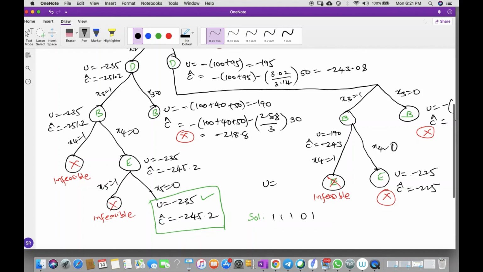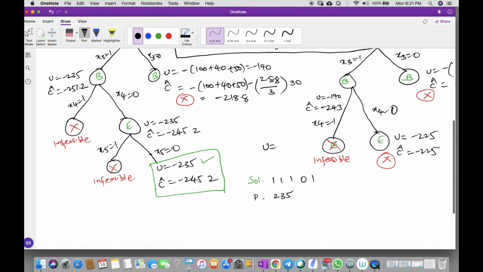So this is the solution, and the price saved is 235, and these are the items which would be selected. So 111, sorry, it is 0, not, so 11100 is the solution. This is how we solve knapsack problem using branch and bound.